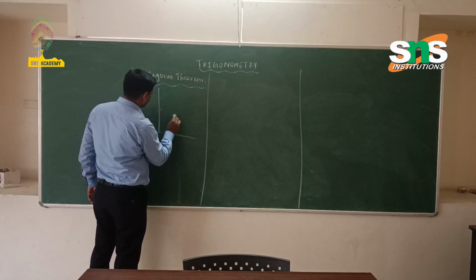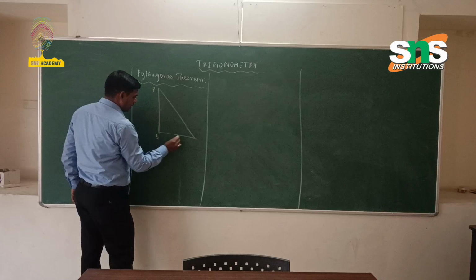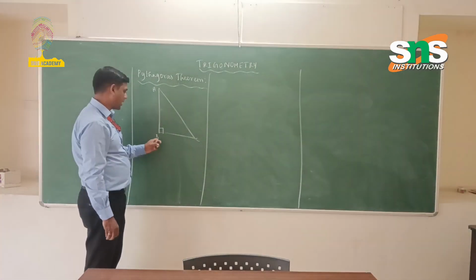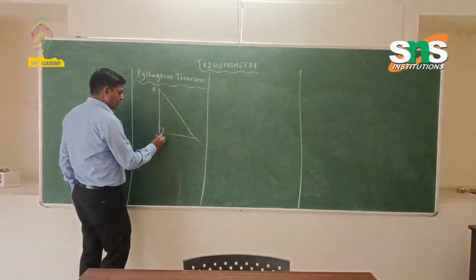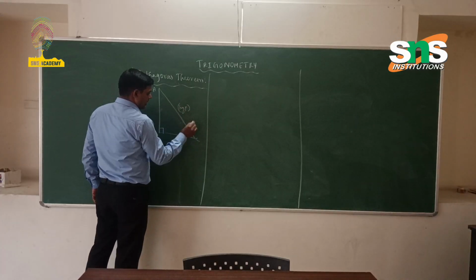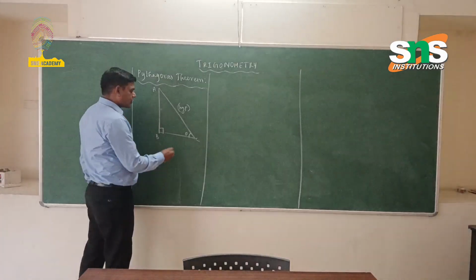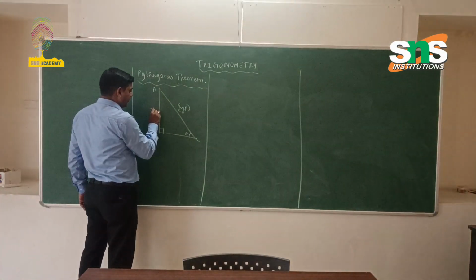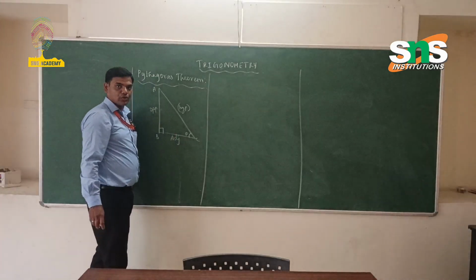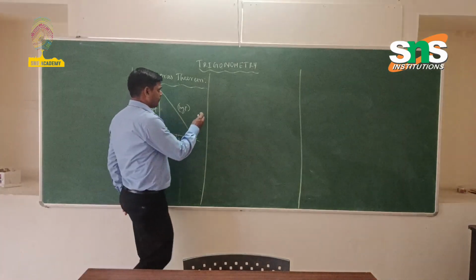This is the right angle triangle ABC, and angle B is 90 degrees. This is the hypotenuse, and if I take the angle theta in this place, this will be the opposite side, and this will be the adjacent side to this theta. Based on this, we are going to write the trigonometry ratios one by one.